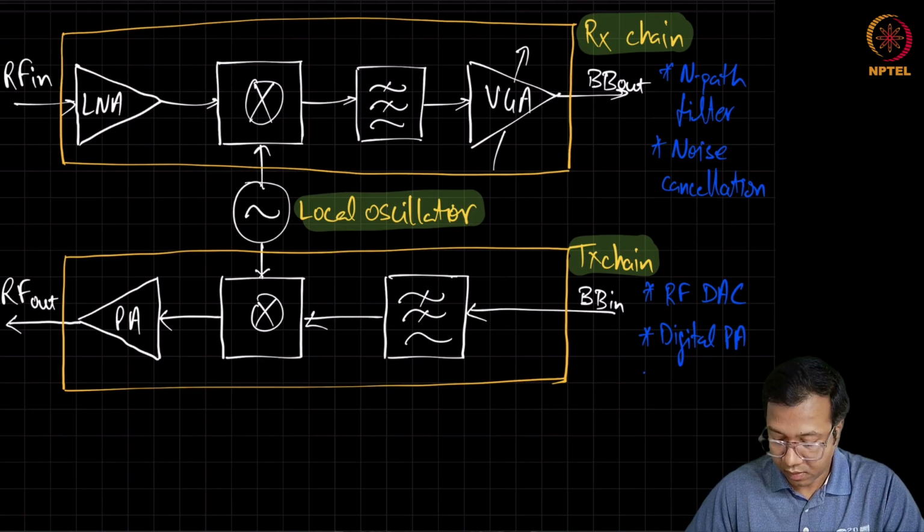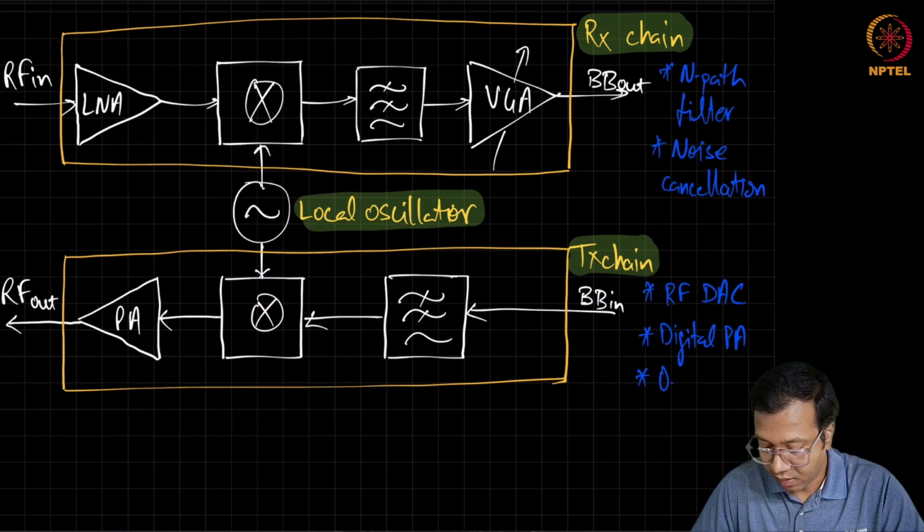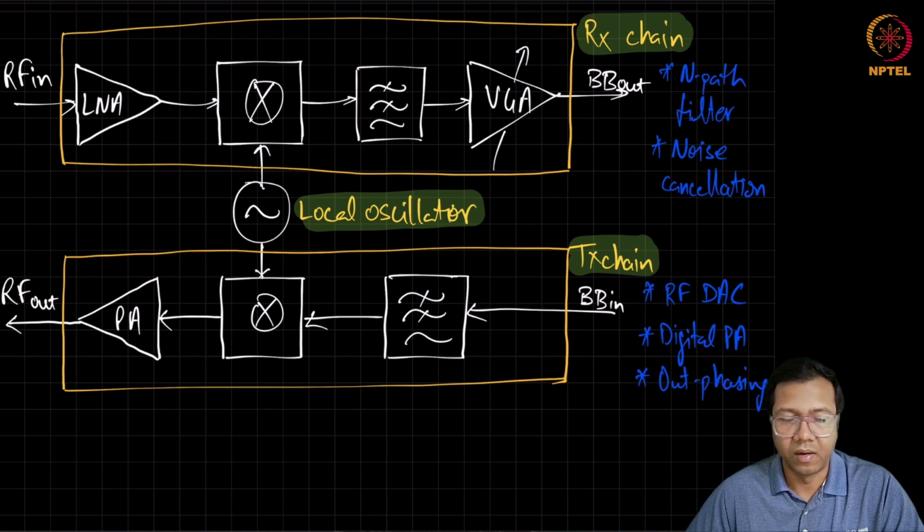In addition, to improve the efficiency of the power amplifier, there are techniques like outphasing, which takes advantage of a nonlinear, highly efficient power amplifier to generate a modulated signal.